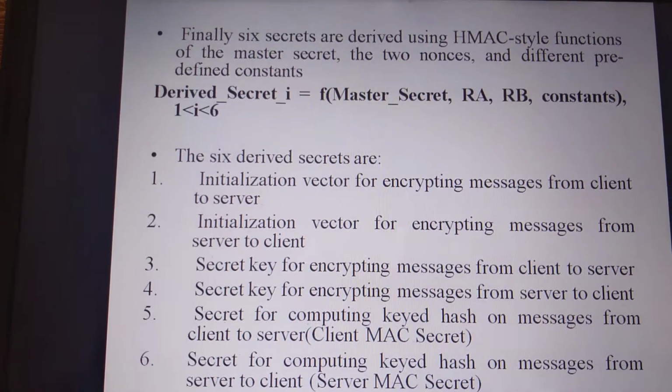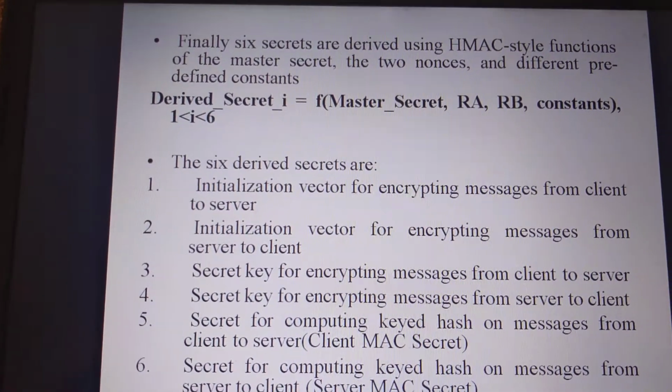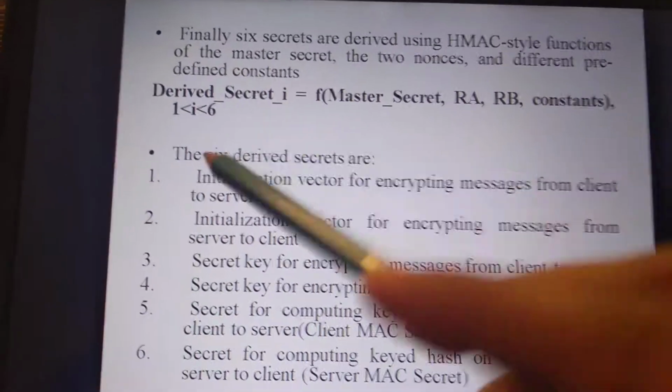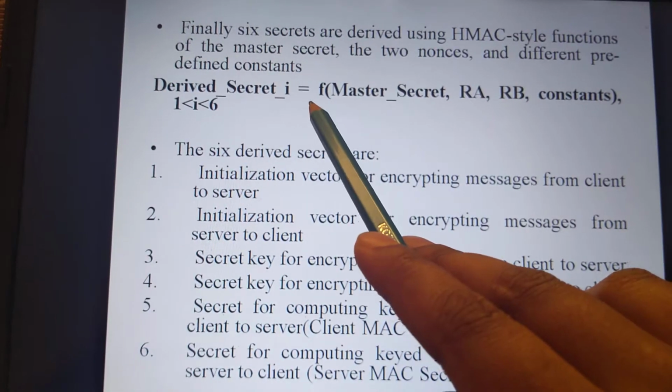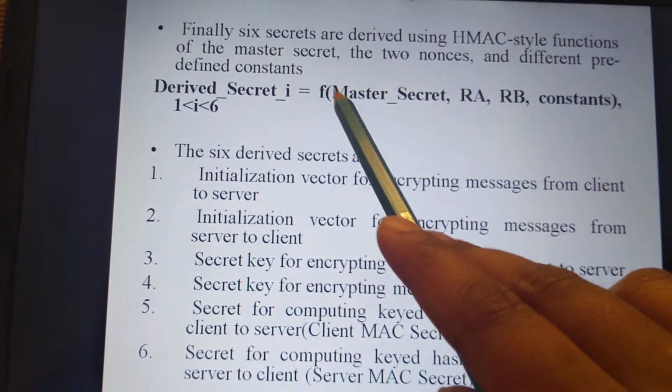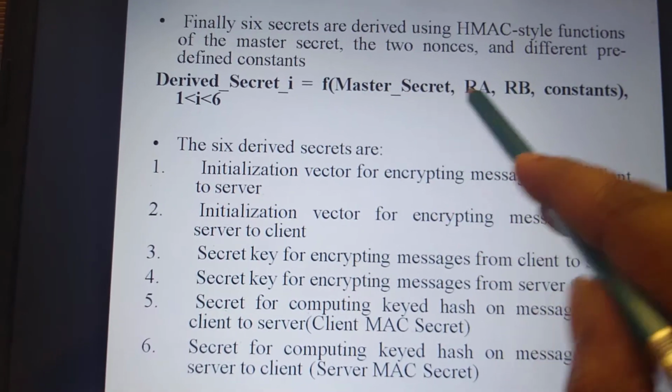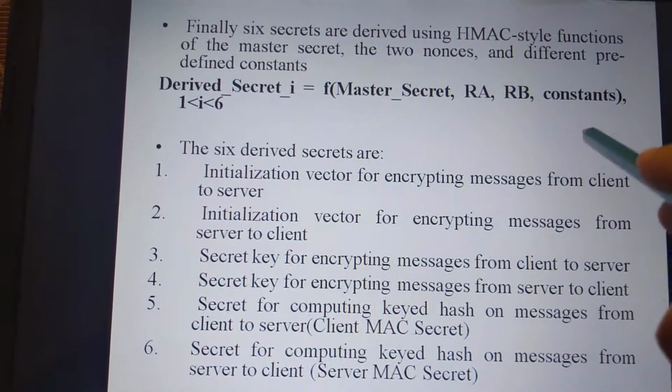So after calculating the master secret, six different secrets are derived using that style of function. Each derived secret is computed by applying the function on the master secret, nonces RA, RB and the constants.